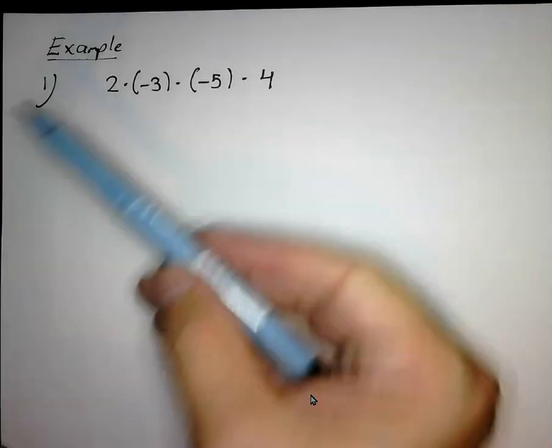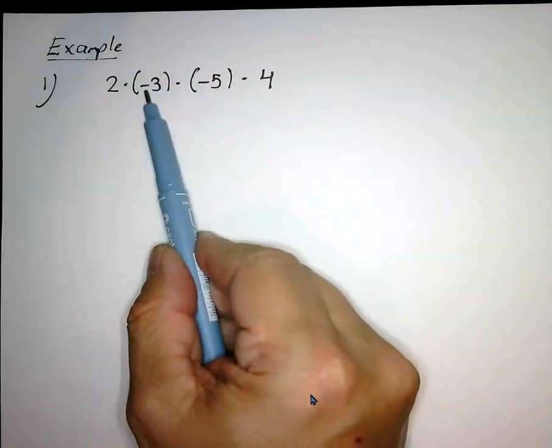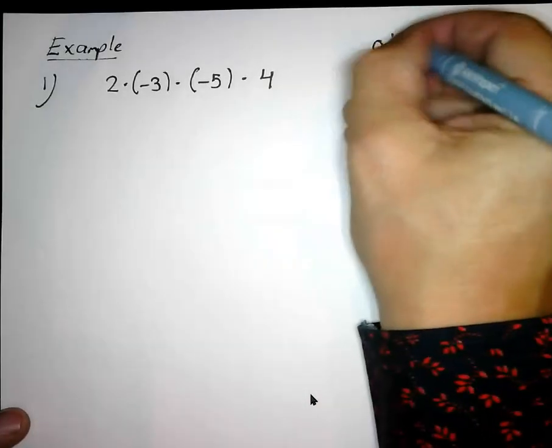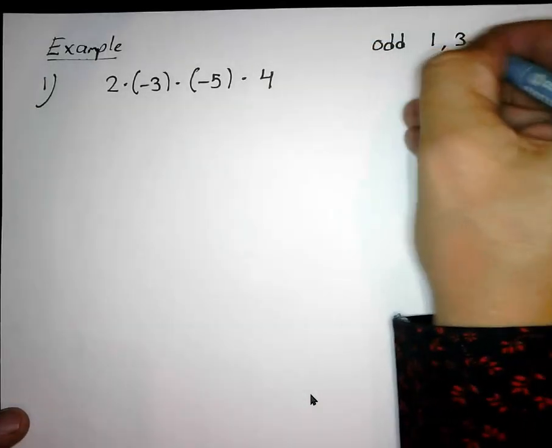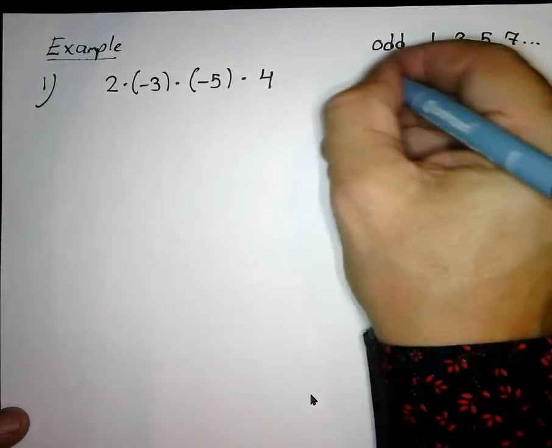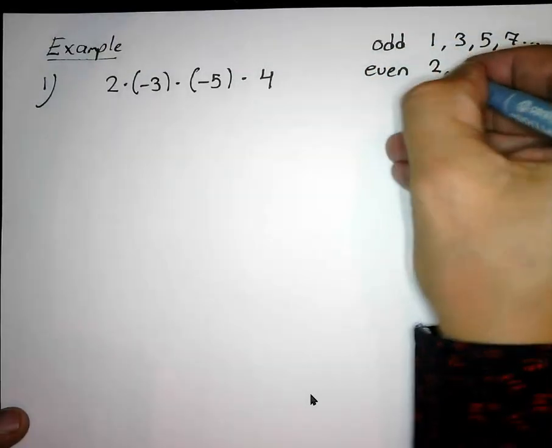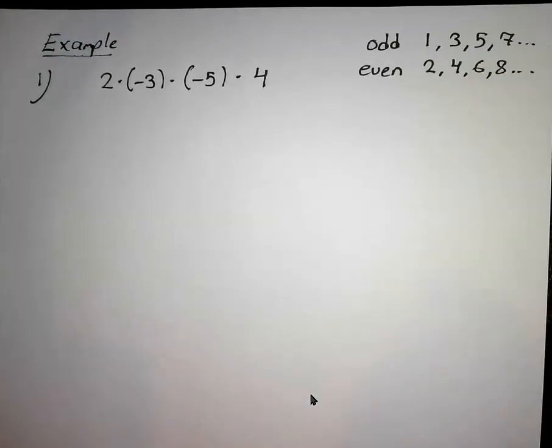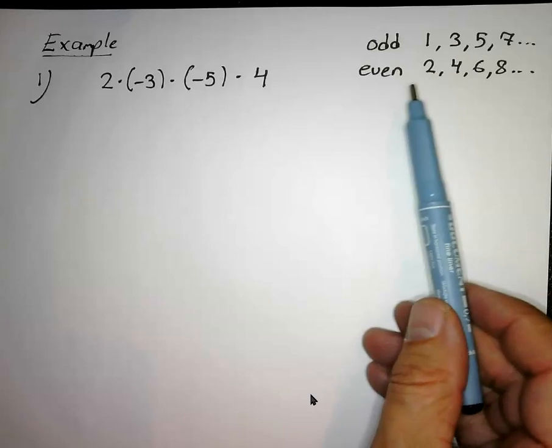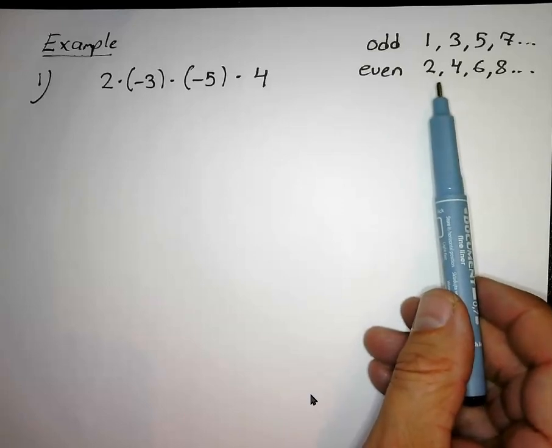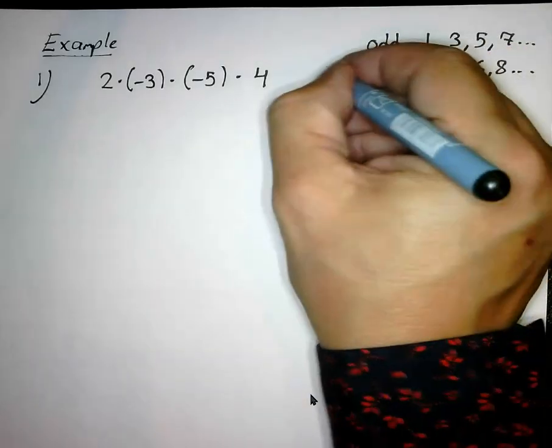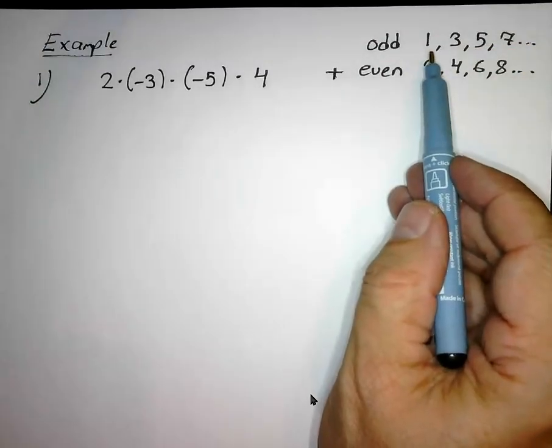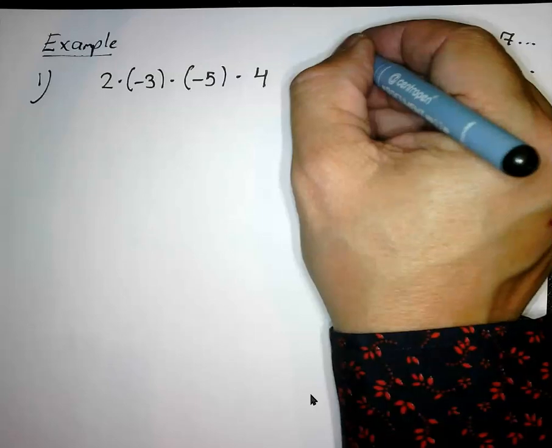If you have an even number of minus signs, then you get plus. Odd numbers are 1, 3, 5, 7, and even numbers are 2, 4, 6, 8. And if you have an odd number of minus signs, then you get minus.